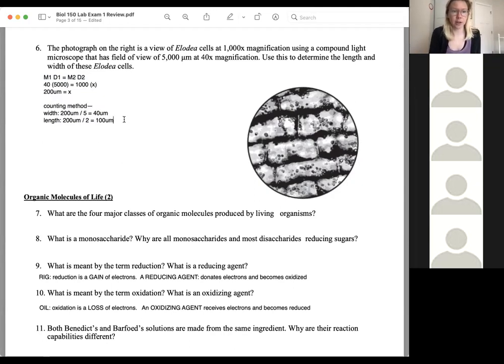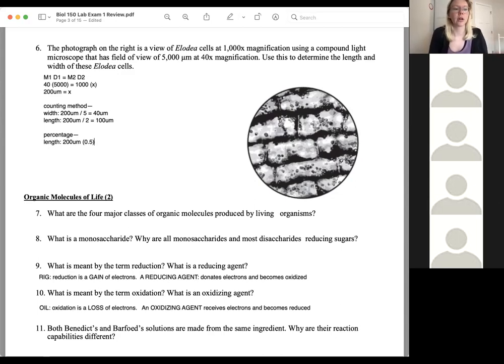The percentage method is just a different way to get the same or a similar answer. Percentage wise, if you're looking at the length, you could say this one cell takes up about 50% of the field of view. So we could say it was 200 micrometers times 50%. If you made it a decimal, it's 0.5.